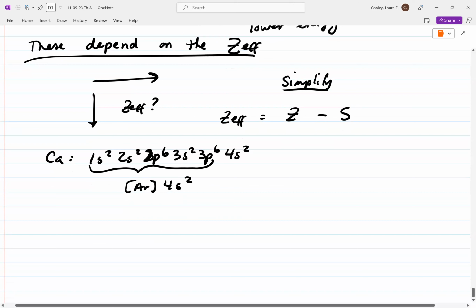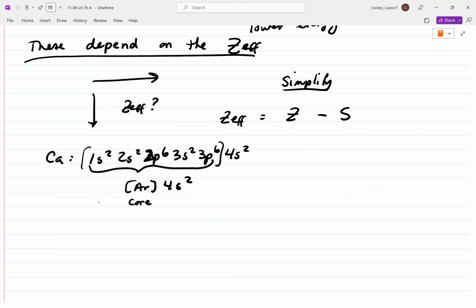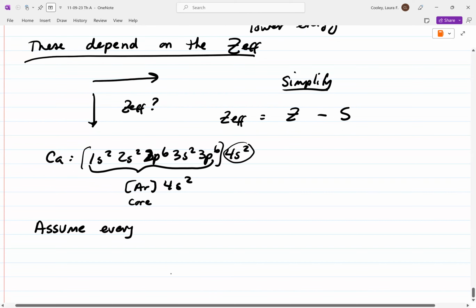Remember I said that the core electrons are in between the outer electrons and the nucleus. It's not a perfect assumption, but let's assume, because we know the core electrons do a good shielding job, that every core electron cancels one proton charge.